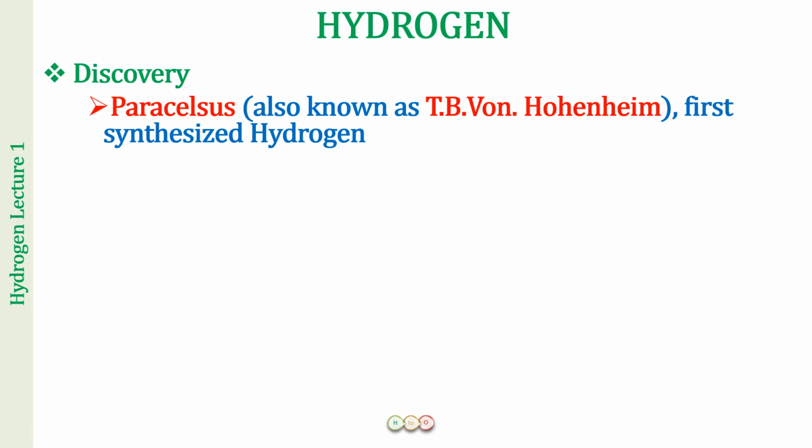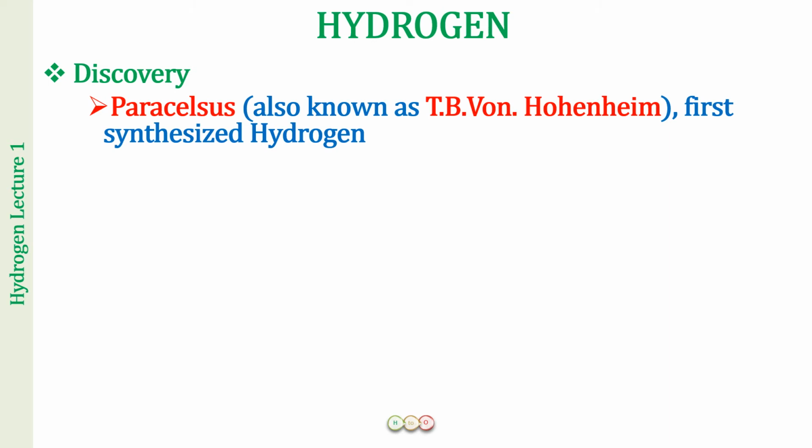Once Paracelsus was mixing some metals with some strong acids. He came across an inflammable gas, but he did not know the nature of the gas. He would have been the one who unknowingly discovered hydrogen.